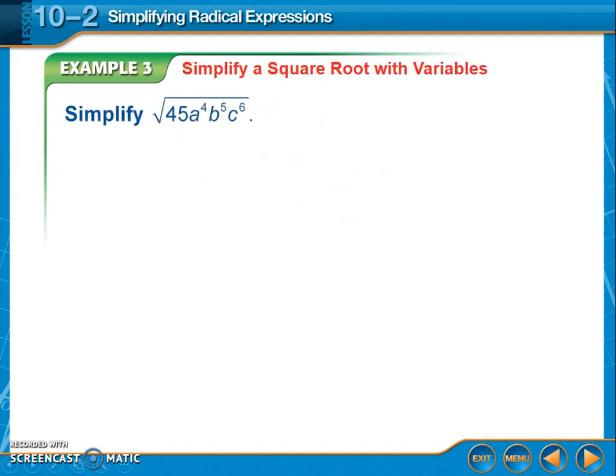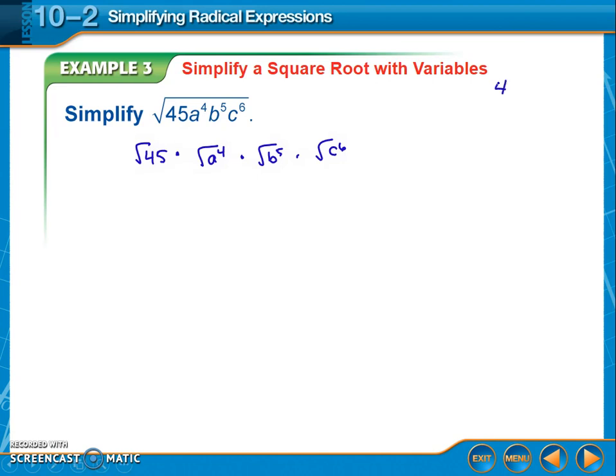Okay, when you're looking at this, we can again do the same thing where we apply that square root to each part: the square root of 45 times the square root of a to the 4th times the square root of b to the 5th times the square root of c to the 6th. And then I want to simplify each of these as much as I can. So 45, again, I'm looking to see if there's any perfect squares that go evenly into it.